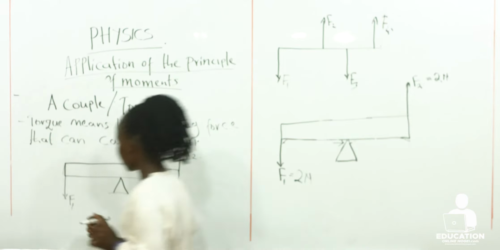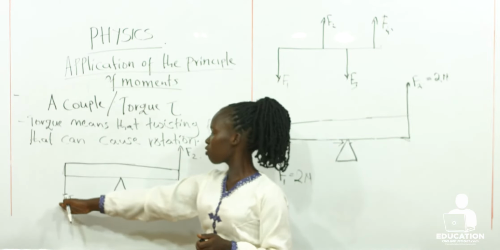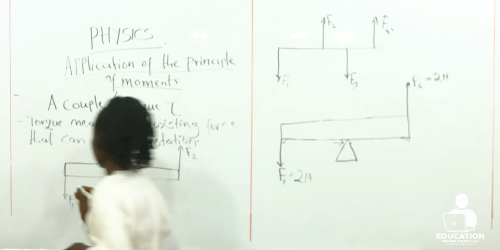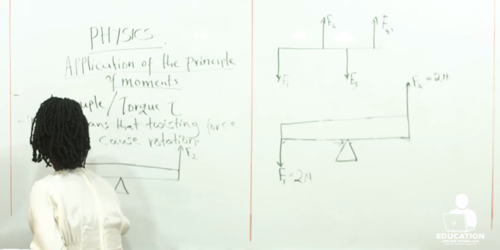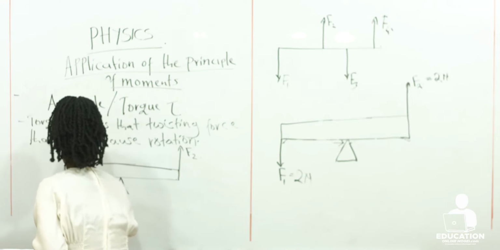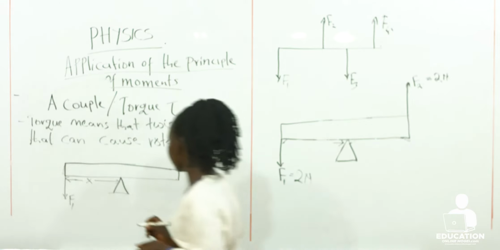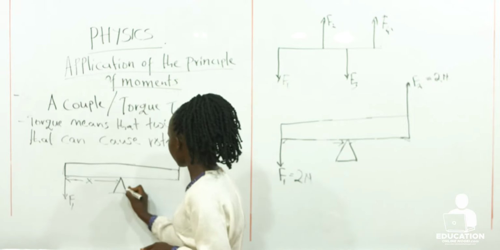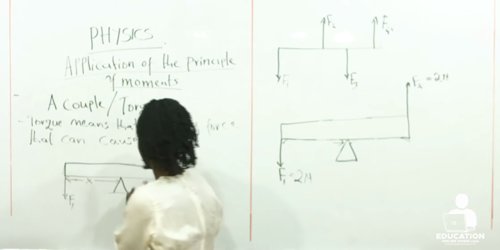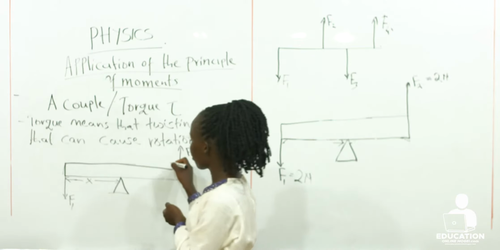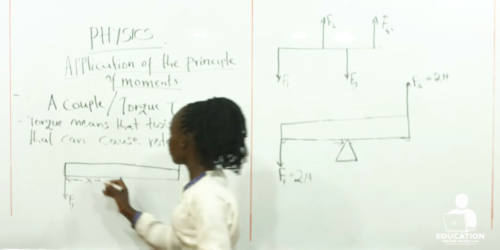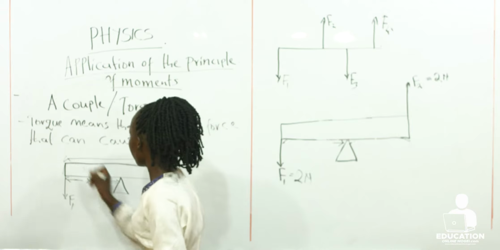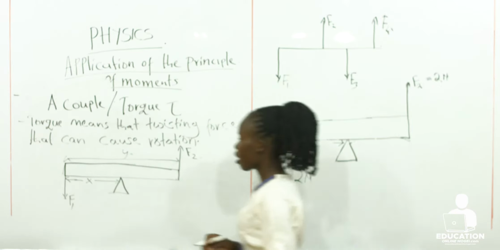The distance from this force, the point of application of the force, up to the pivot, let's call it distance x. This is our x. What of this? Also the distance between the point of application of the other force and the pivot, we're taking this as y.